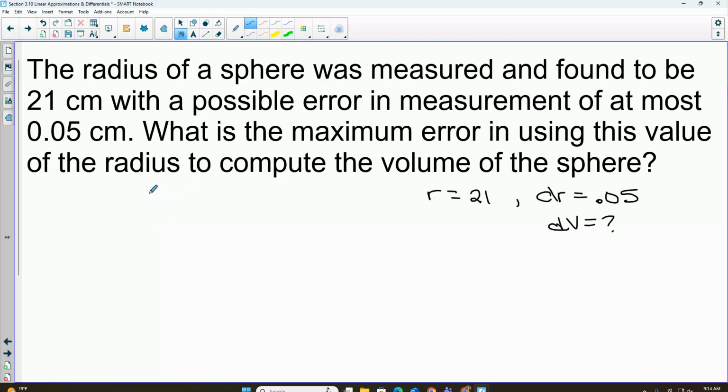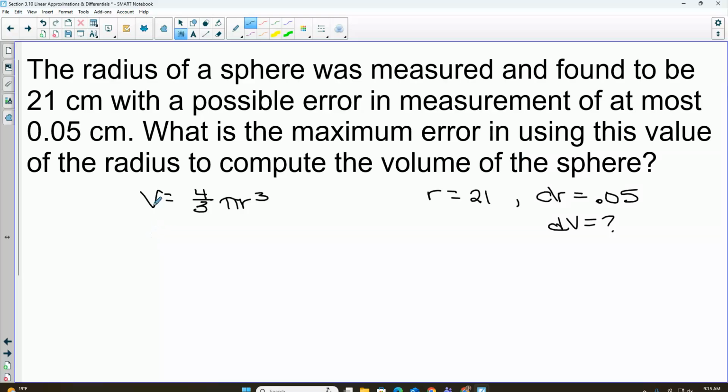If we are talking about the volume of a sphere, I guess I should add that to our list up here, shouldn't I? So we have to do the derivative to get our area.